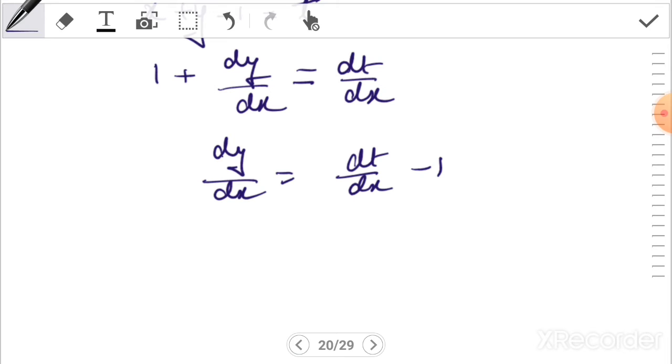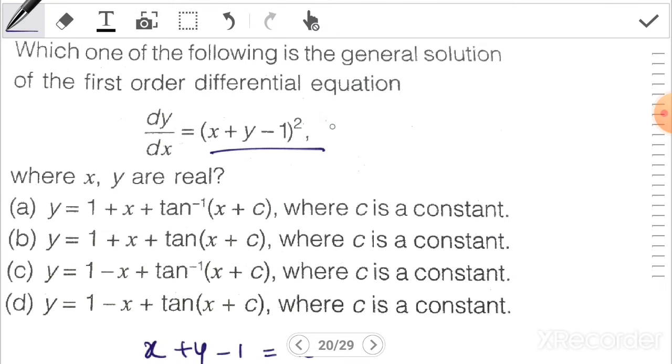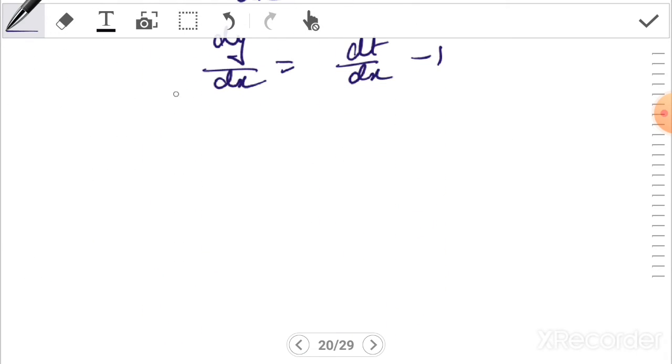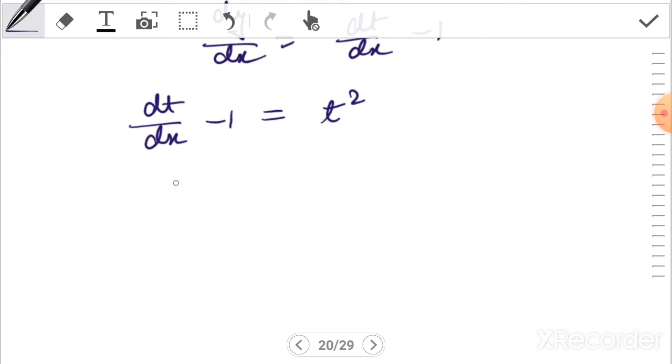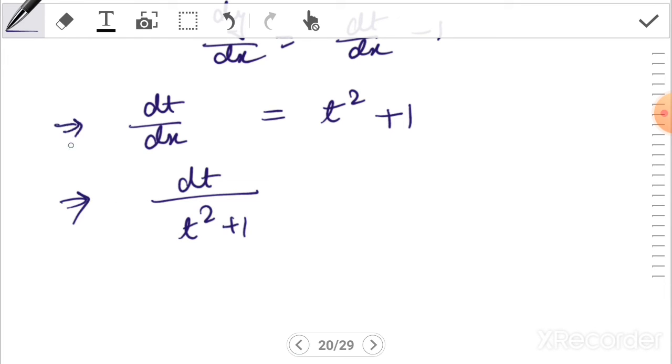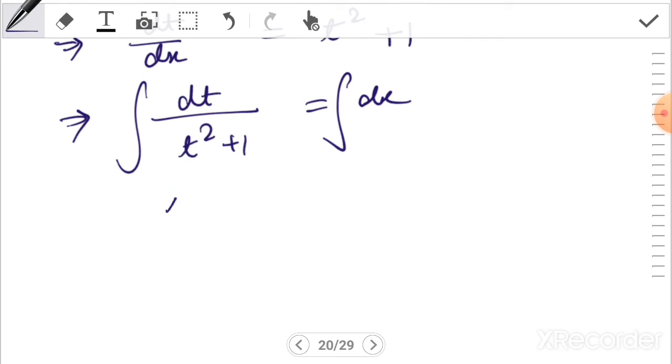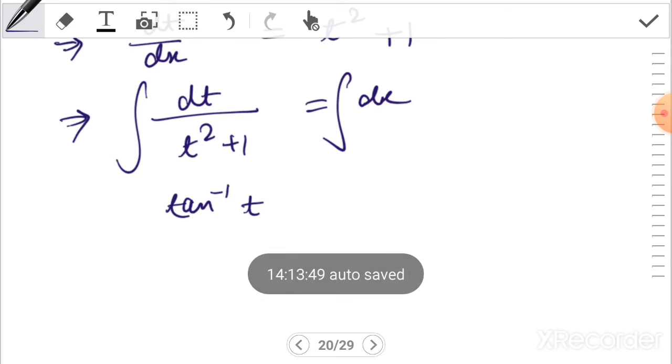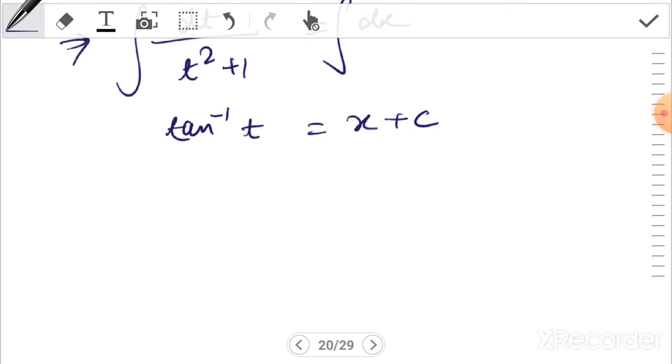Now substituting this in the original equation, dt by dx minus 1 is equal to t square. Now this minus 1 can be taken on the right hand side, plus 1. So dt by t square plus 1 is equal to dx. Now integrating on both sides, we have tan inverse t is equal to x plus c. Right?